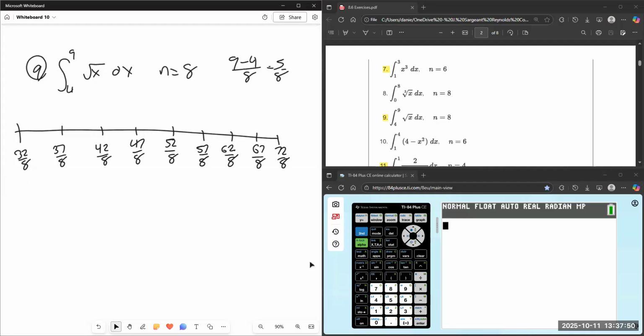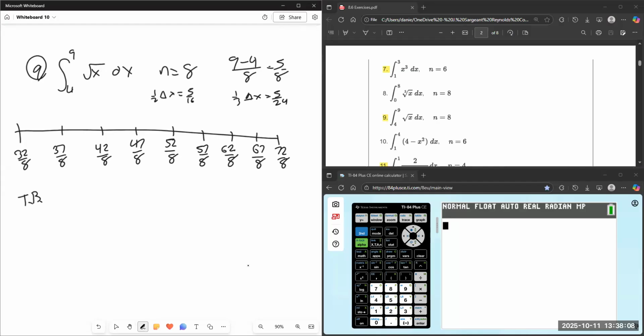So this is going to be 1/2 of delta x that I need is going to be 5 over 16. And 1/3 of delta x that I'll need later is going to be 5 over 24.